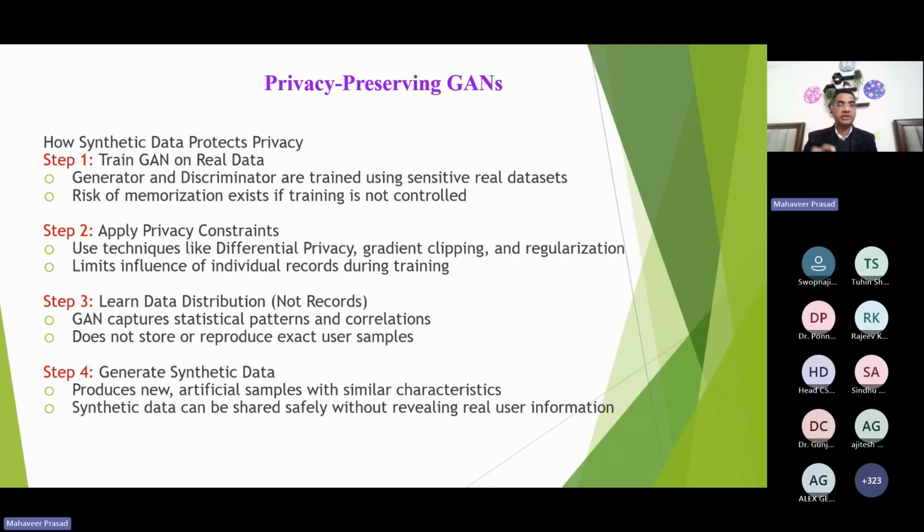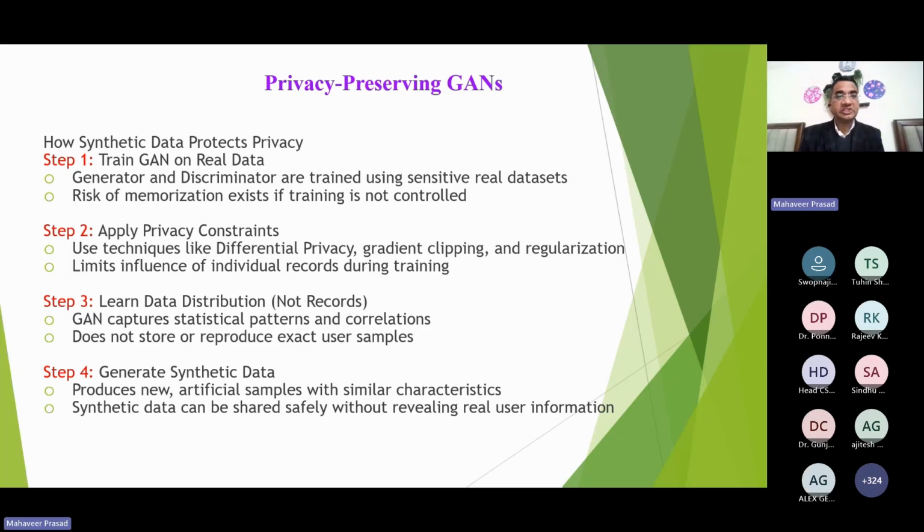The second step is to apply privacy constraints, using techniques like DP, gradient clipping, and regularization. It limits the influence of individual records during training. Then learn the data distribution.